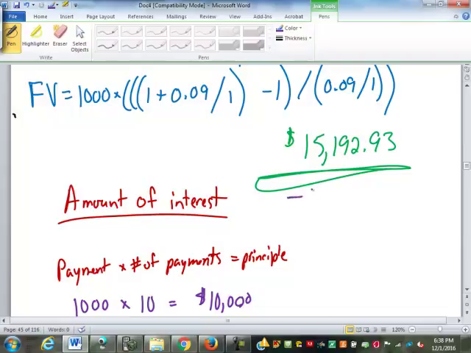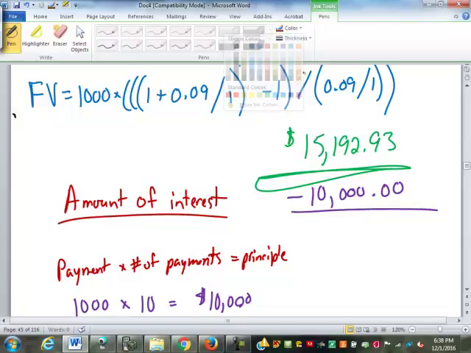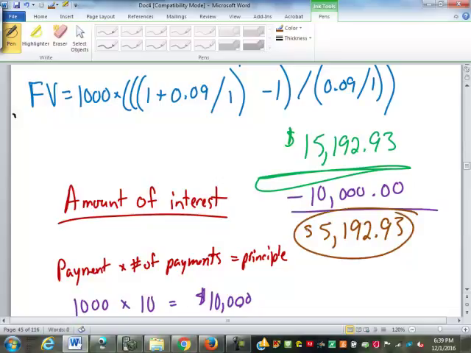So the interest is that future value of $15,192.93 minus $10,000. That's an interest of $5,192.93 that was earned over that 10-year period. Now that doesn't sound like a lot of interest for 10 years, but think about it.